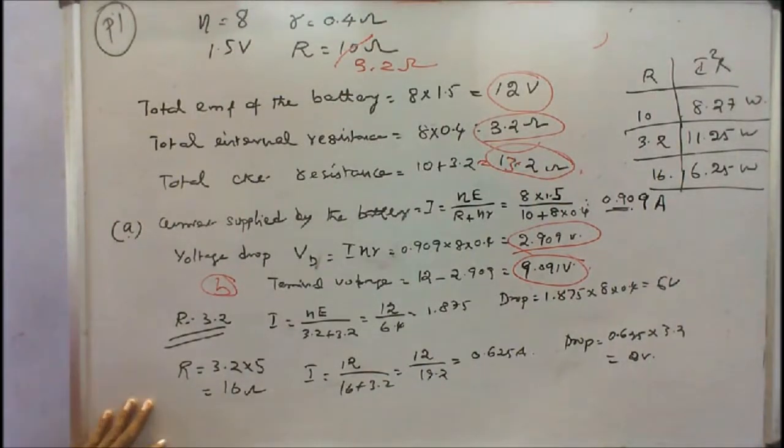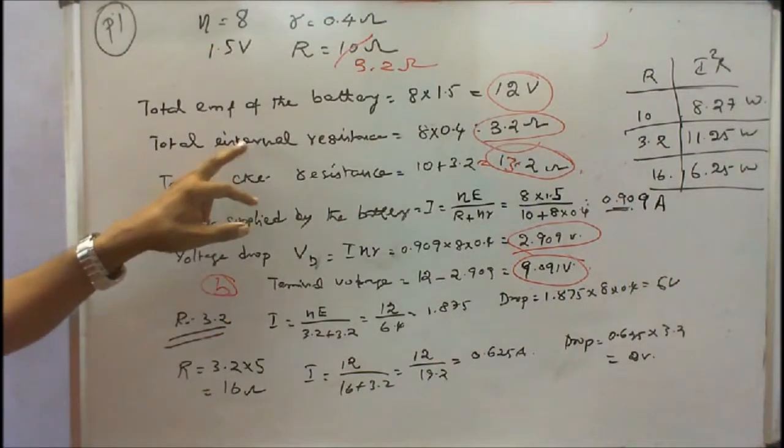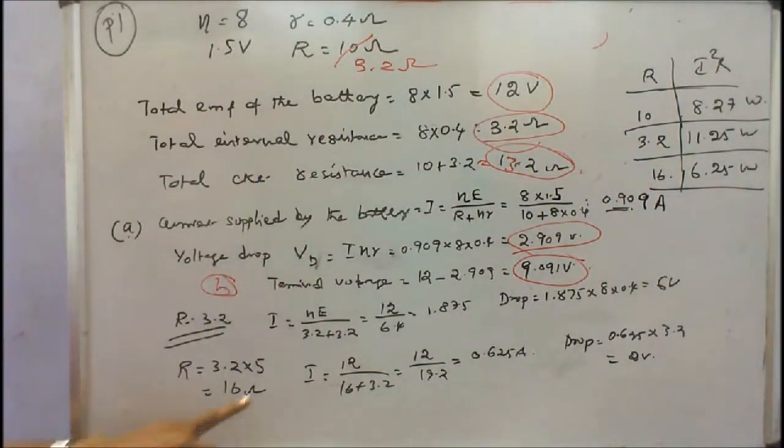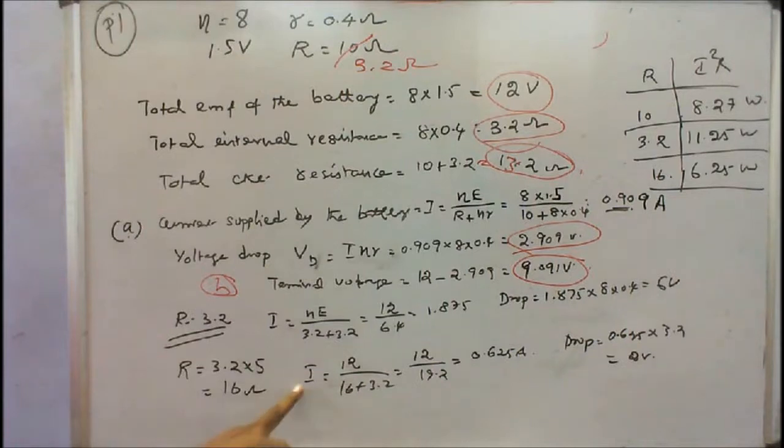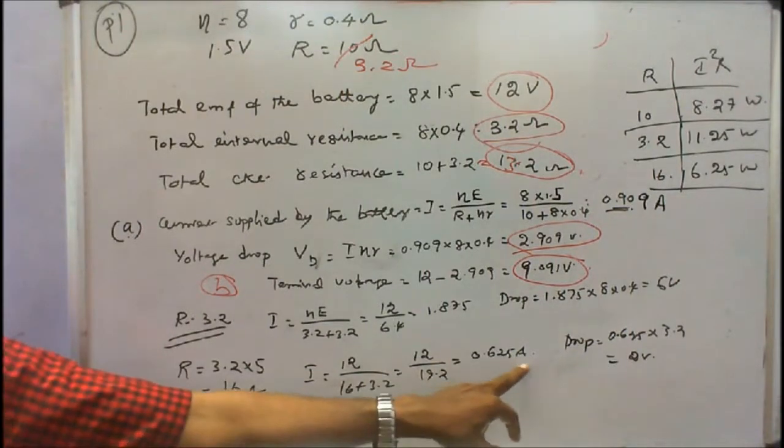Next step is, I will connect a resistance 5 times the internal resistance. Here the internal resistance 3.2 into 5 is equal to 16 ohms. Therefore, total resistance is equal to 19.2. Therefore, I is equal to 0.625 amps.